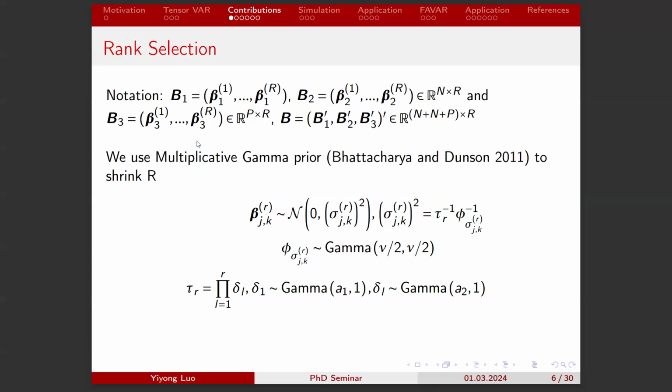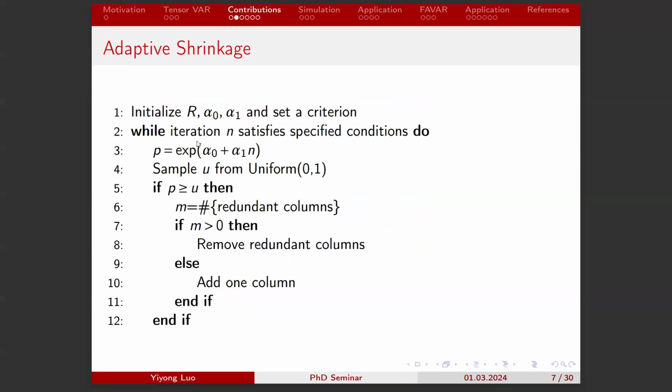So we have our prior, but if we initialize an R value to a really large value and run our Bayesian inference, the problem is that it is time consuming. So we need something to reduce the computational cost. One thing is to do adaptive shrinkage, meaning that we still initialize R to be a large value at the beginning of our inference, and then we take a criterion to see whether each column in B is redundant or not.